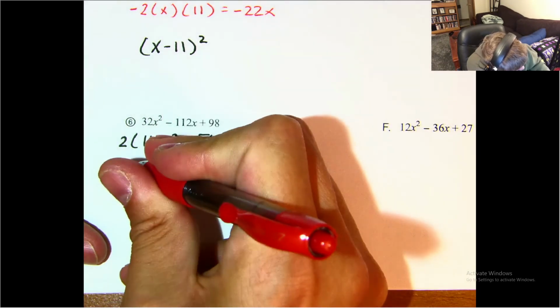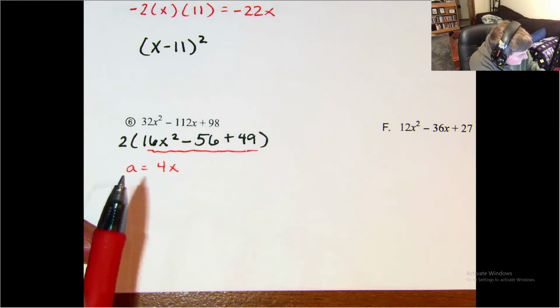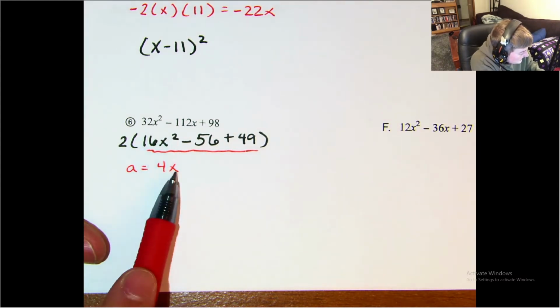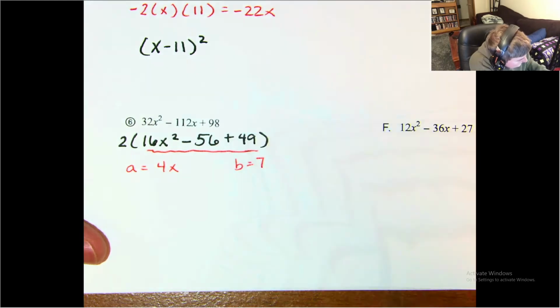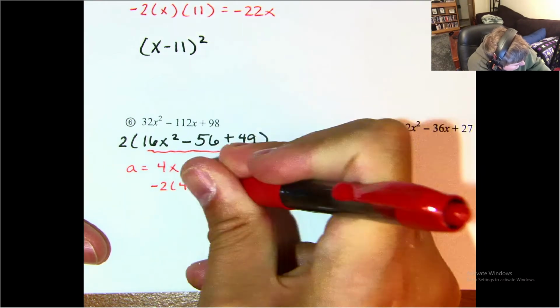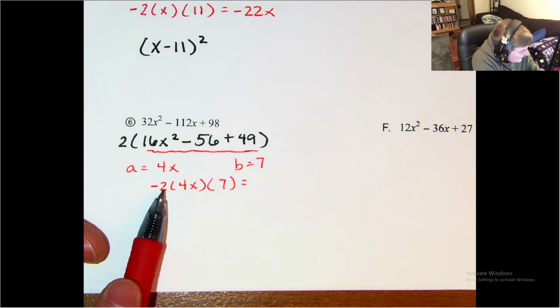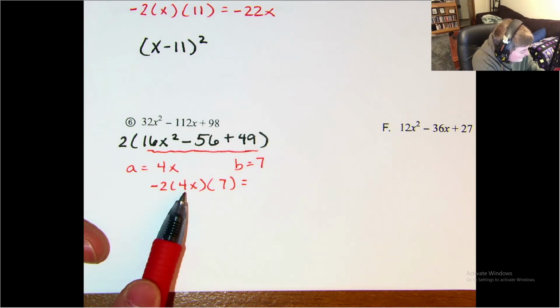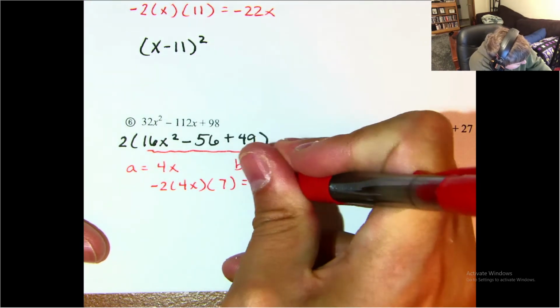So again, when we take the greatest common factor out, we're really focused on this inside part here. So the root of my first term is going to be 4x, because the root of 16 is 4, the root of x squared is x, and then the root of my last term here is 7. So now I just have to check, does negative 2 times 4x times 7 equal negative 56x? Negative 2 times 4x is negative 8x. Negative 8x times 7 is negative 56x.